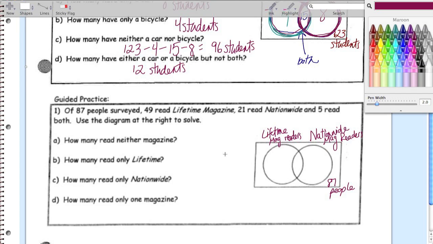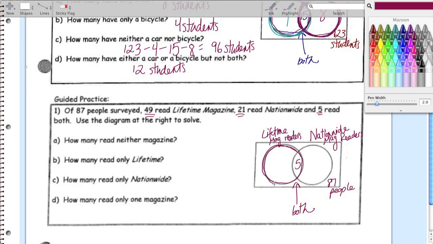Okay, so we want to fill in our values based on the information they're giving us. 49 read Lifetime, 21 read Nationwide, and 5 read both. So 5 is where we start. That's our both category. They tell us that 49 read Lifetime.